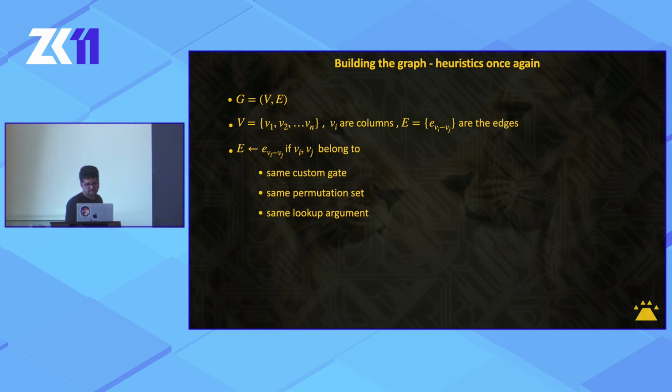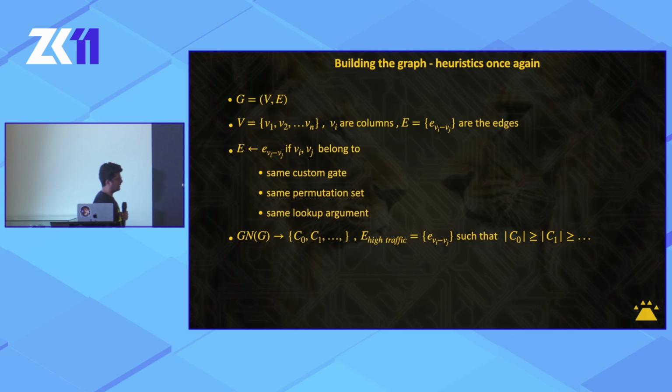And the idea is that you apply the Girvan-Newman algorithm, and it will cluster all the columns in the trace table in terms of different connected components. So each of these is just a bunch of vertices. Okay? So this is what the Girvan-Newman algorithm does. And then it will create these high traffic edges, which basically connect across different columns.